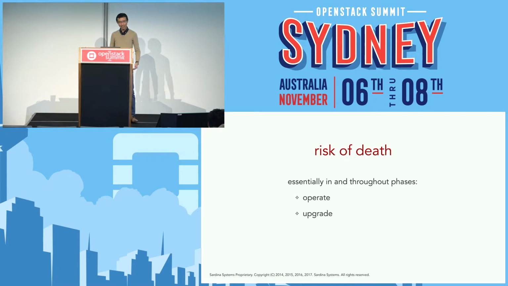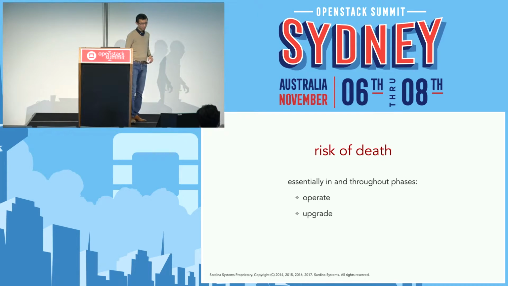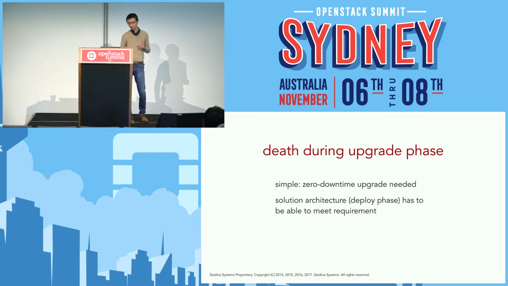So if we look at risk of death, the key risks are essentially in the operate and upgrade phases. In the upgrade phase, what you really want is zero downtime, or minimize downtime at least.